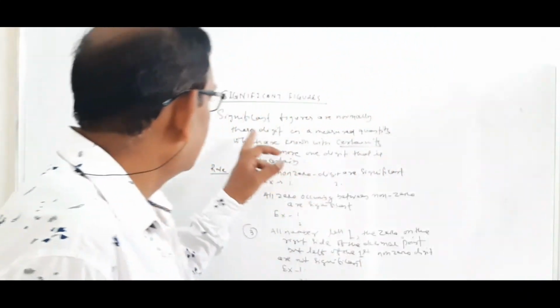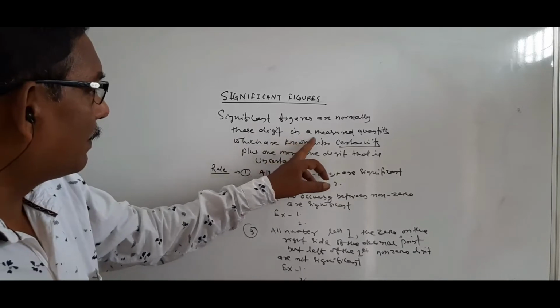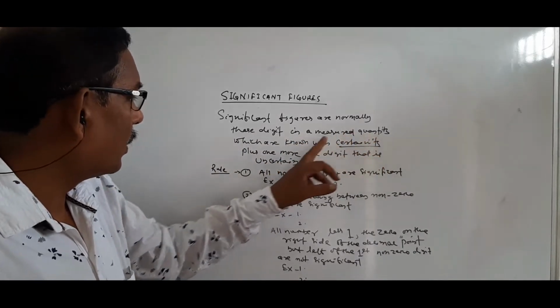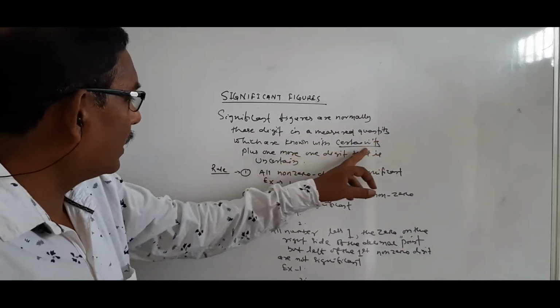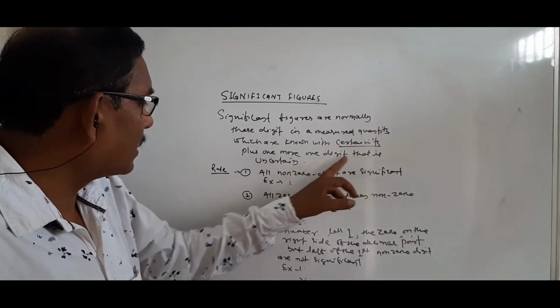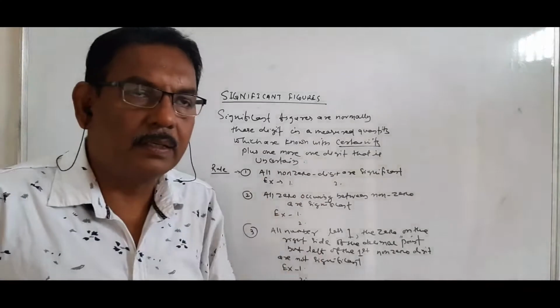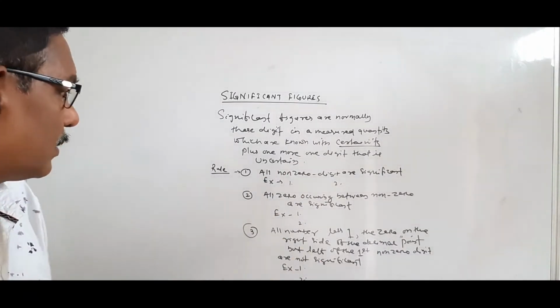Look here. The significant figures are normally those digits in a measured quantity which are known with certainty plus one digit that is uncertain. So there are some rules to determine the significant figures.